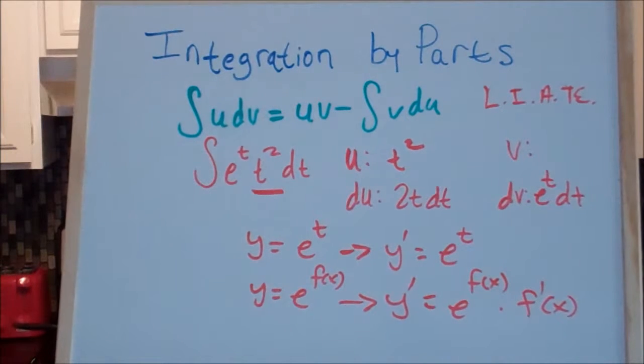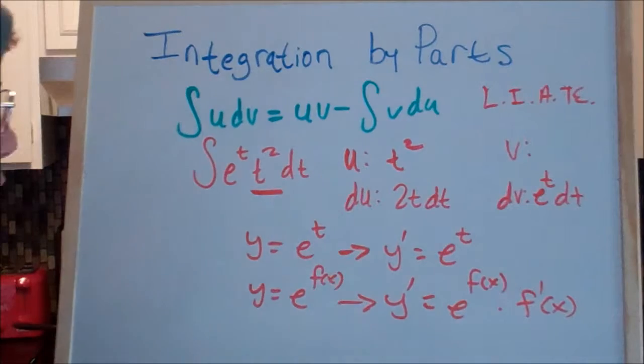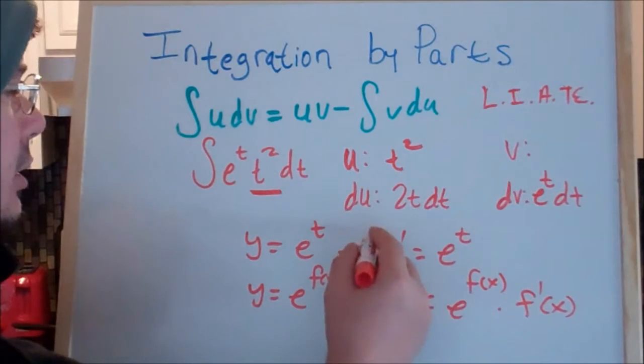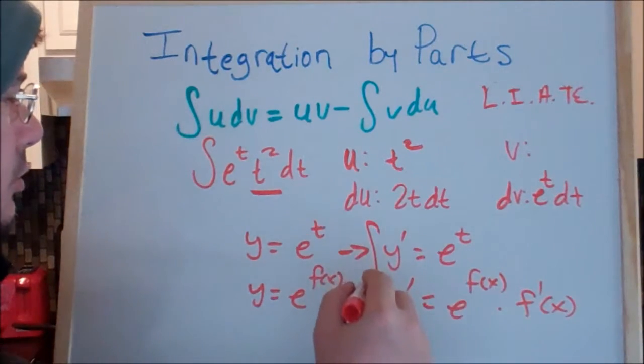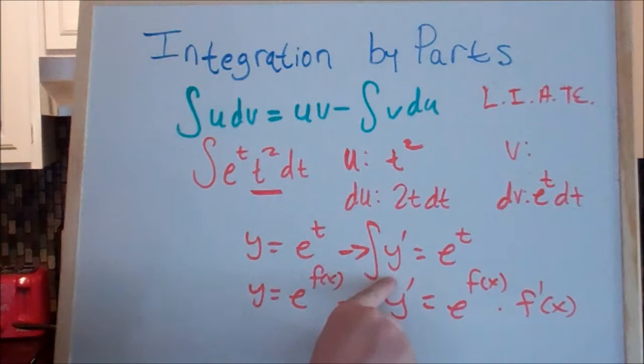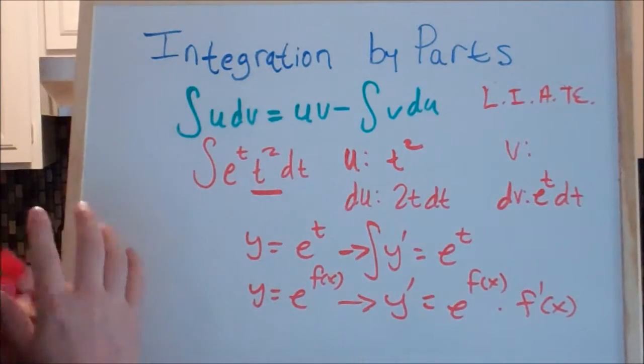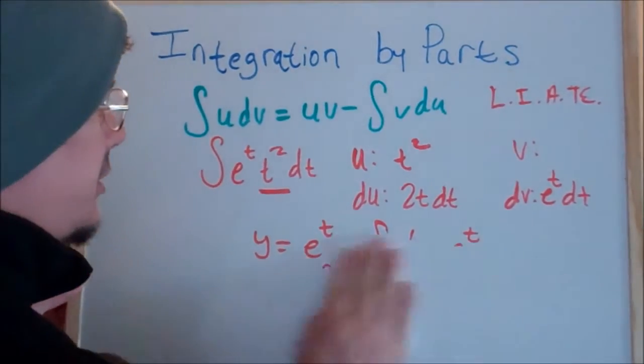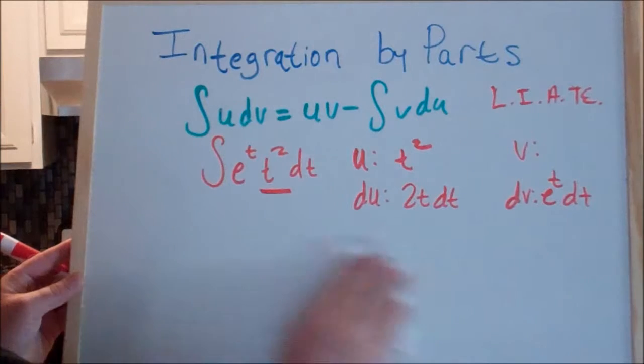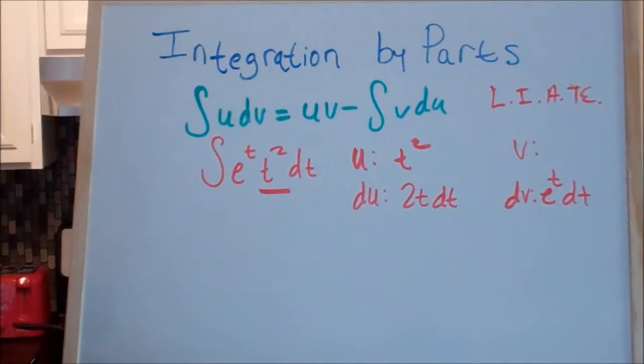Okay, excellent. Now, if I want to know what the integral of this thing will be, so let me go ahead and integrate. If I integrate the derivative of a function, what do I get? I get the function. So what does that tell me? It says that the derivative and the integral of e to the t is in fact e to the t.